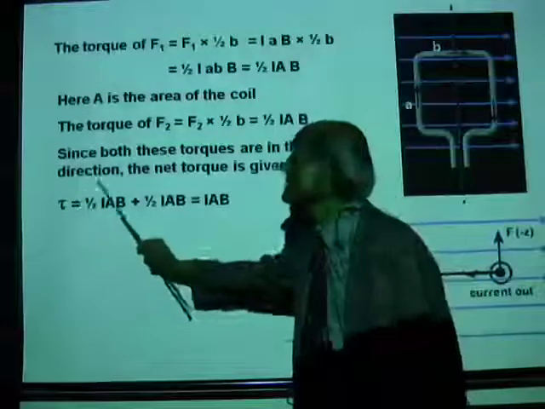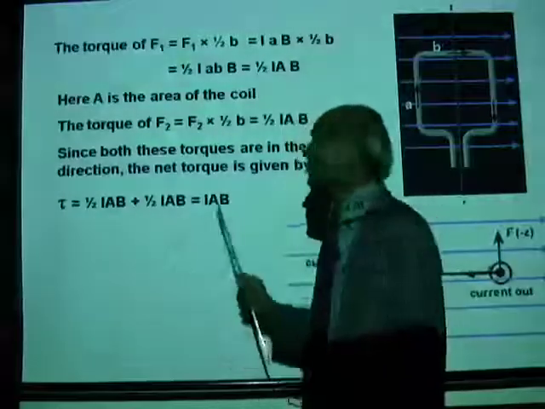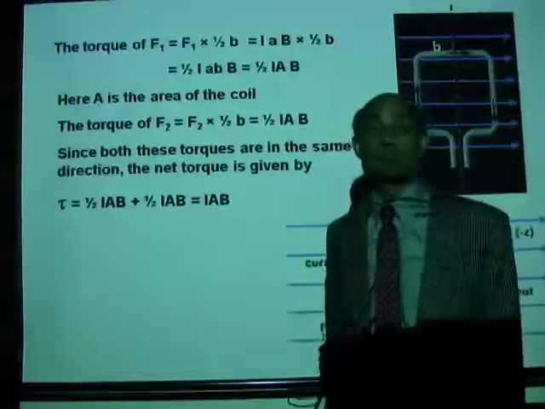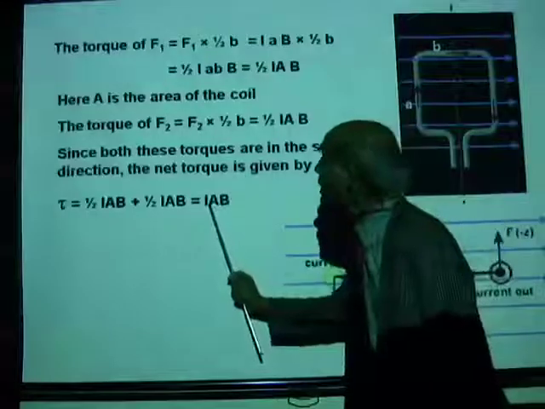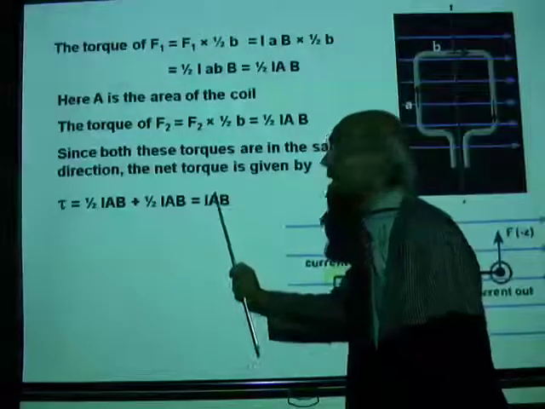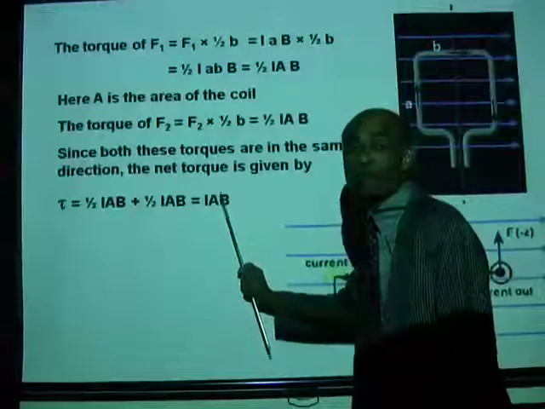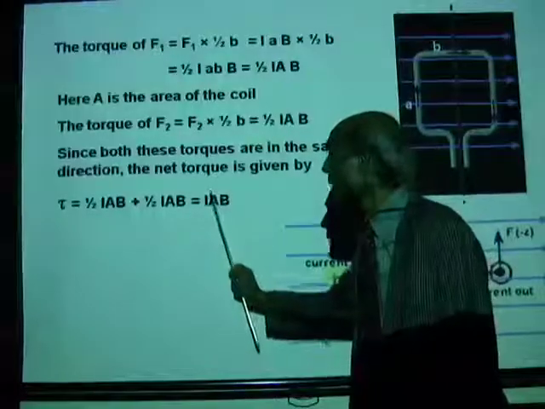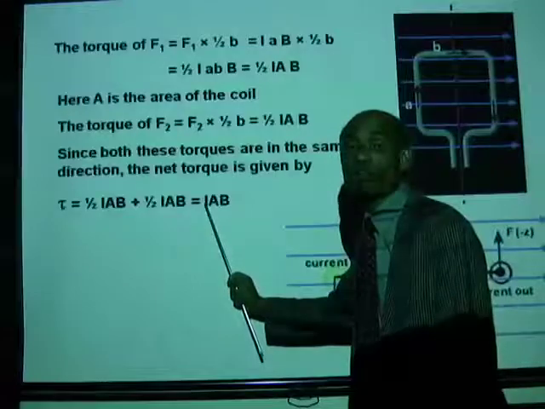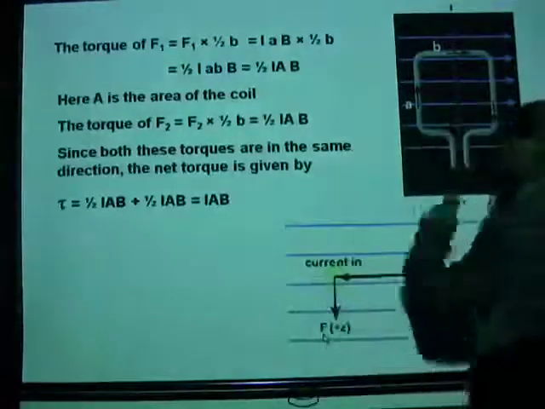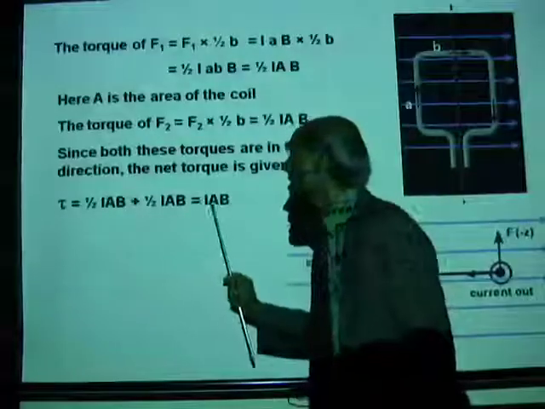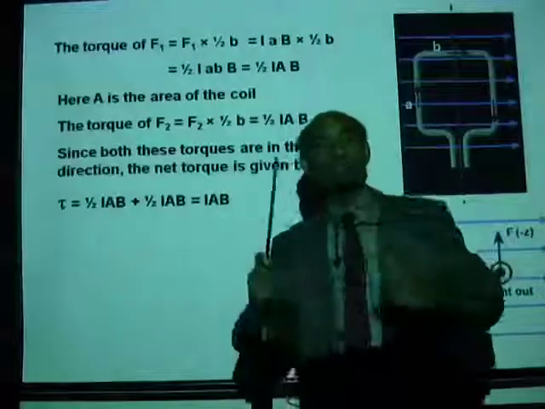The net torque will be the sum of these two, which will be I times A times B. So when a coil of total area A is placed in a magnetic field B and a current I passes through that coil, it will experience a torque given by tau equal to IAB, and it will rotate.